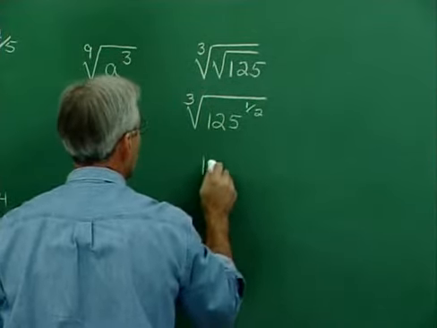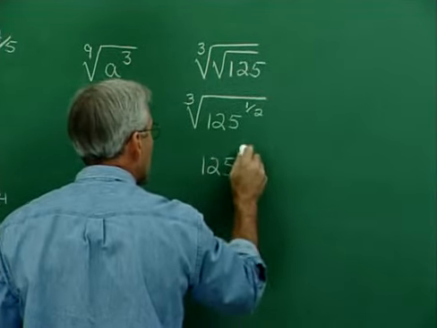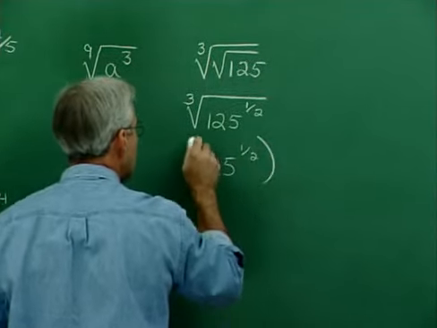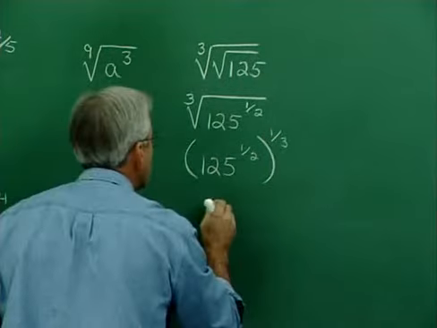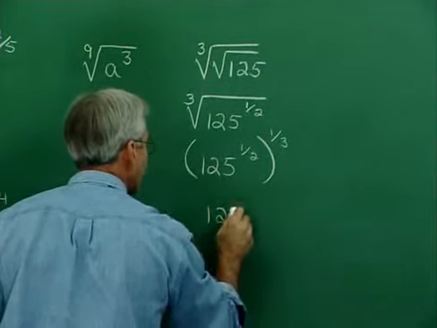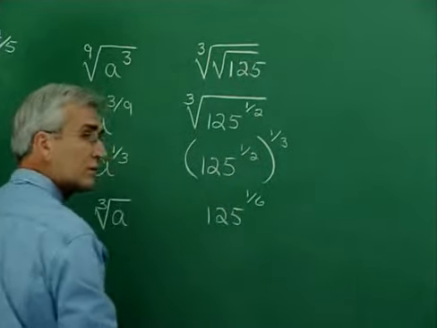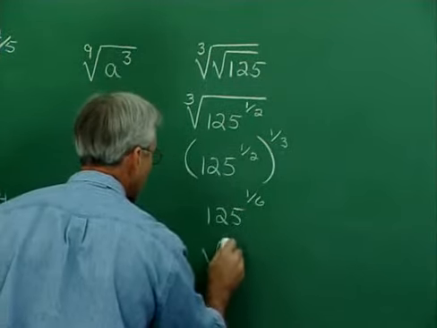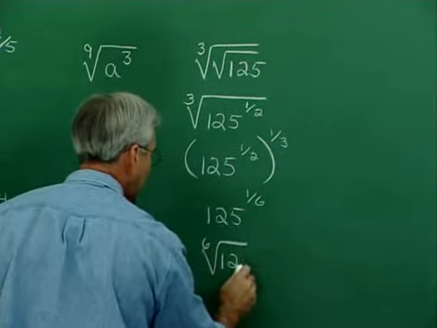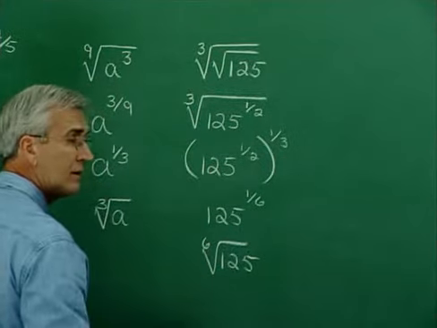So this is really 125 to the 1/2 to the 1/3. You see, and this is then 125 to the 1/2 times 1/3. That's 1/6. And this is really then the sixth root of 125, which we could have seen from the very beginning. All right, just a lot of manipulation here.